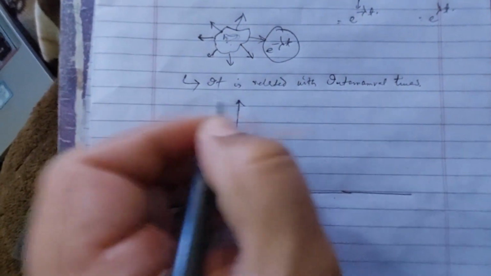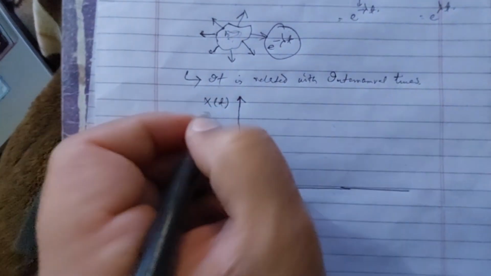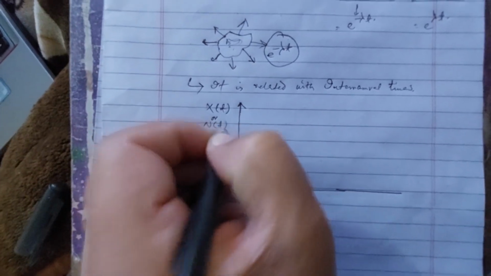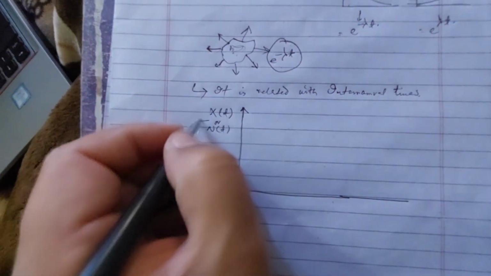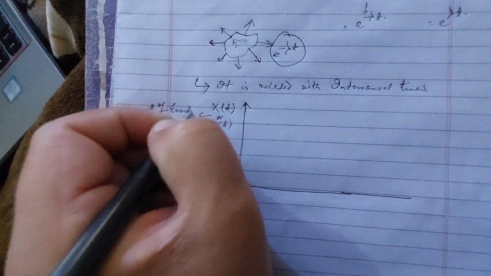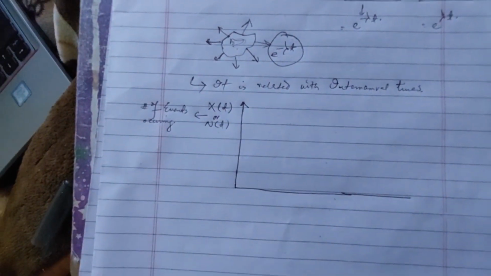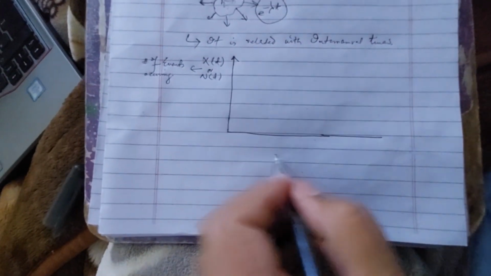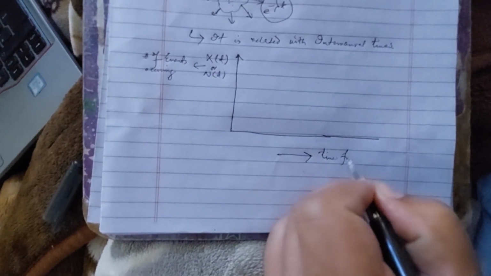This y represents X(t) or N(t), the number of events occurring, and this x represents the time period.